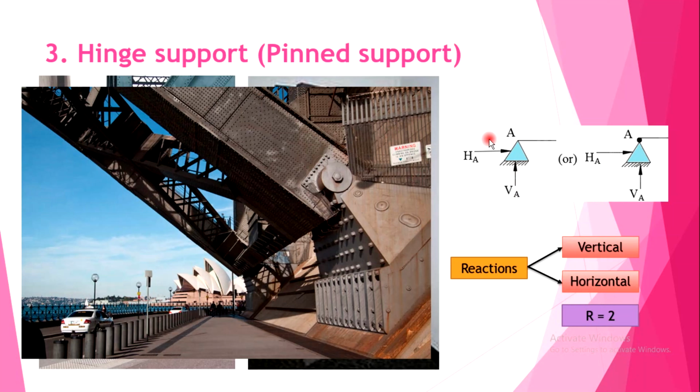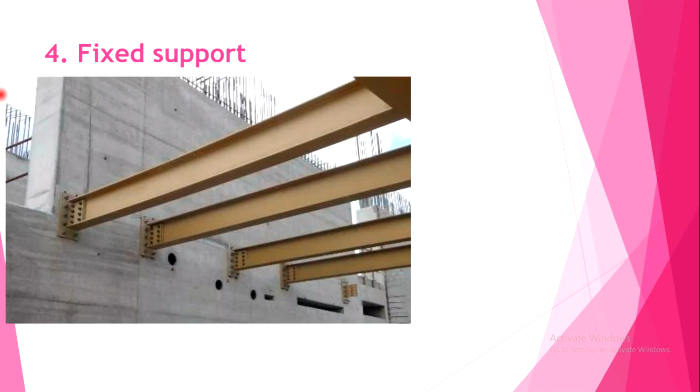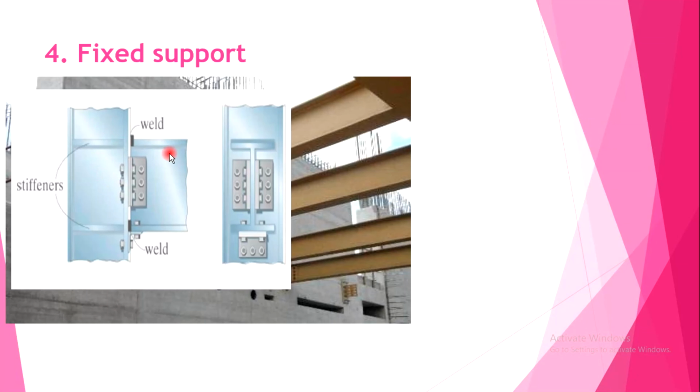Now the last type of support is fixed support. It is the most commonly used type of support. Here we can see the steel element is fixed to the concrete retaining wall. Here also the same thing.